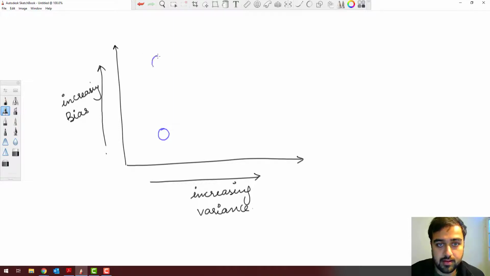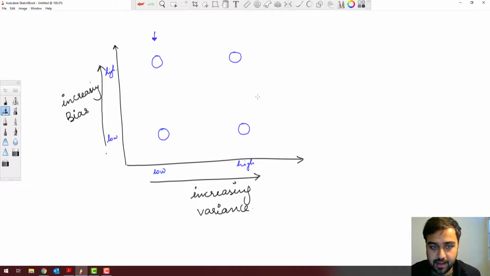I'll tell you what these 4 points are. At this point, I would try to explain a diagram having high bias and low variance. This is low variance and this is high variance. This is low bias and this is high bias, right? So this point would have high bias and low variance. Similarly, at this point, I'll be describing a model having low bias and low variance. Similarly, a high bias and high variance model, and a low bias, high variance model, right?